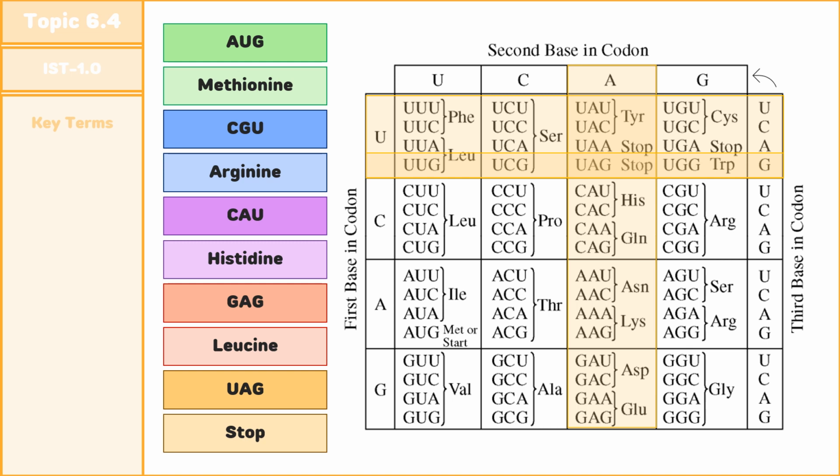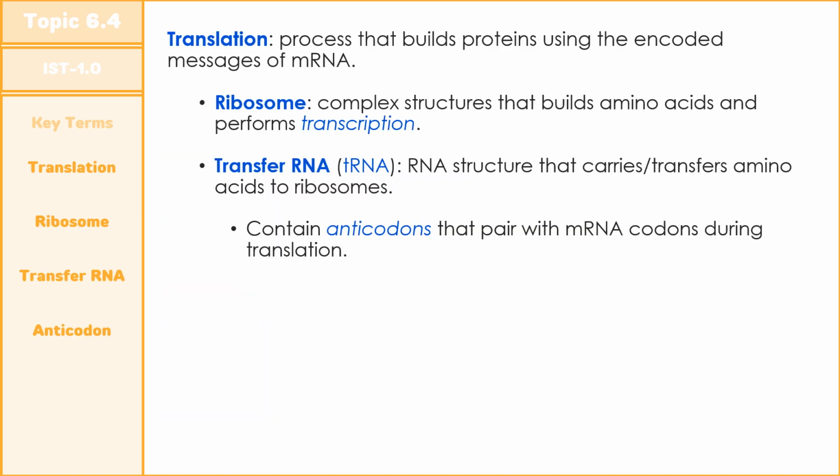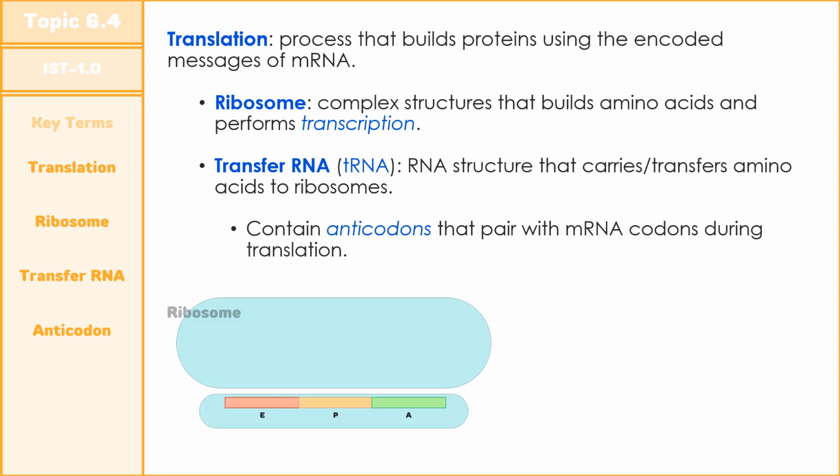When it comes to translating proteins from an mRNA sequence, we have a couple of key players that we're going to want to keep in mind. The first of these is the ribosome. You may remember ribosomes from when we talked about parts of a cell. These are our structures that are the sites of protein synthesis.